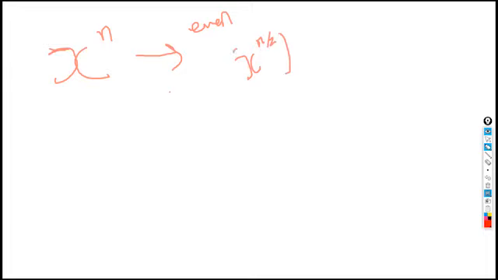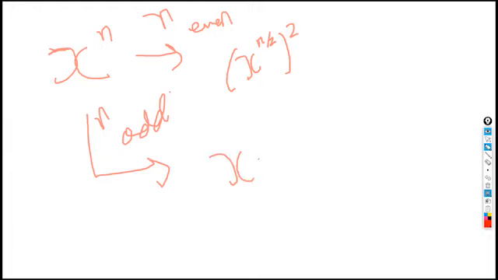For any x to the power n, if n is even, then x to the power n can be written as x to the power n by 2 and then the whole square of this. Whereas if n is odd, we have to do x into x to the power n by 2 and then the whole square of this.